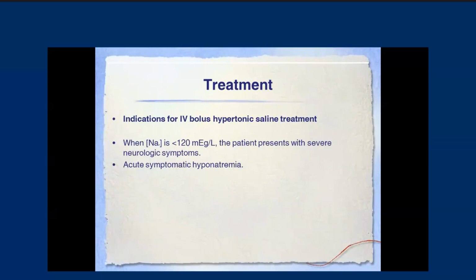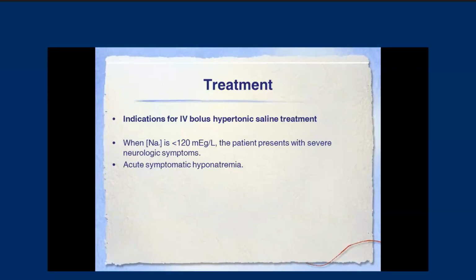And the other indication is in acute symptomatic hyponatremia, as I have mentioned earlier, because of the complications we expect with hyponatremia rather than with treatment, due to movement of fluid to the intracellular spaces, mainly to the brain, resulting in cerebral edema and herniation, respiratory arrest, and death.